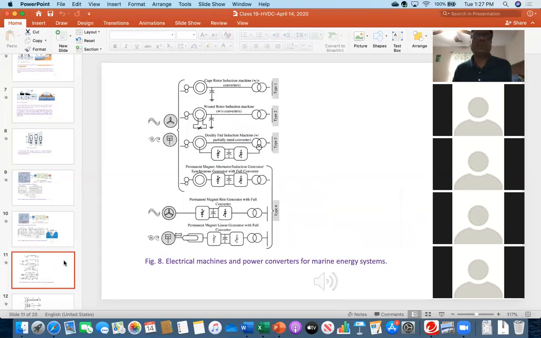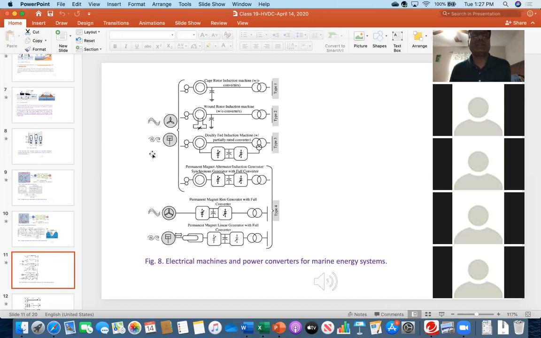So moving forward, as you can remember, in the case of onshore wind energy systems, there were several types of wind generators and electric machines. So in the case of ocean energy or wave energy systems as well, there are several types of machines.